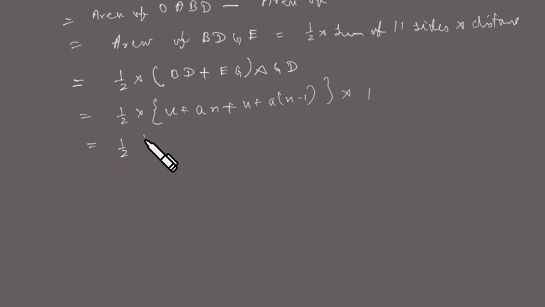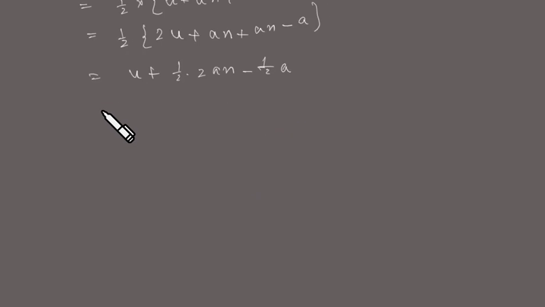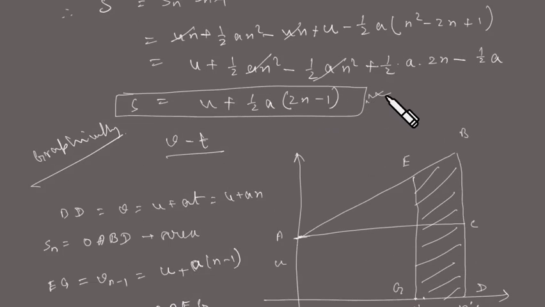That equals half into 2U plus AN plus, if I break the bracket here, AN minus A. That equals half into 2U plus 2AN, minus half A, which equals U plus AN minus half A. If I take half A common from both terms, it becomes U plus half A into 2n minus 1, which is the displacement of the body in the nth second, the same as we found in the numerical proof.